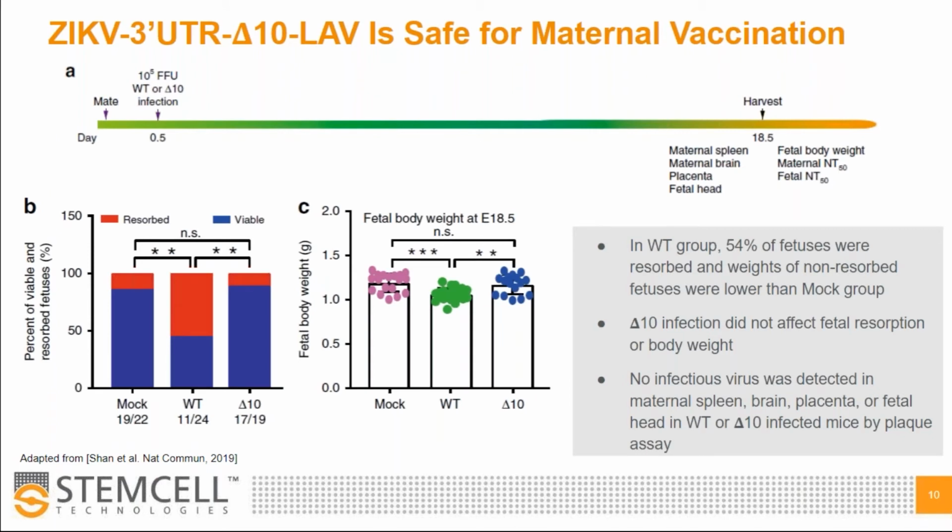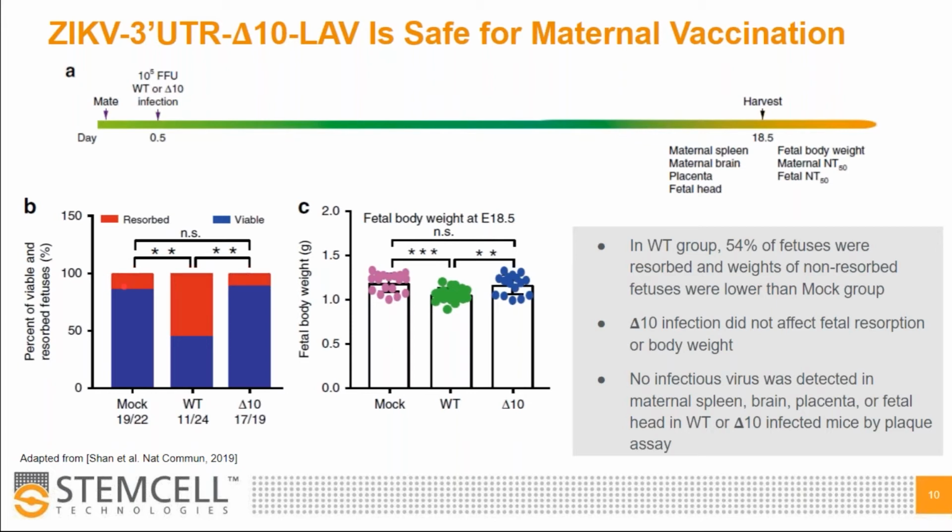They observed, as you can see in the graph on the left, that in the group that was infected with wild-type Zika virus, 54% of fetuses were resorbed, whereas in the delta 10 vaccinated group, only 10% of fetuses were resorbed, which was similar to the mock-treated group.